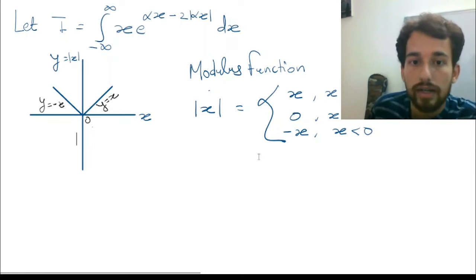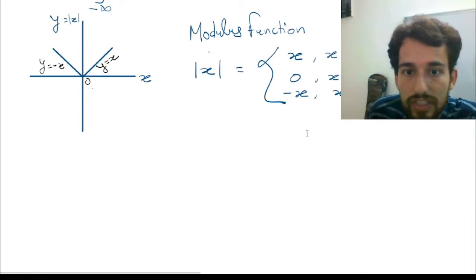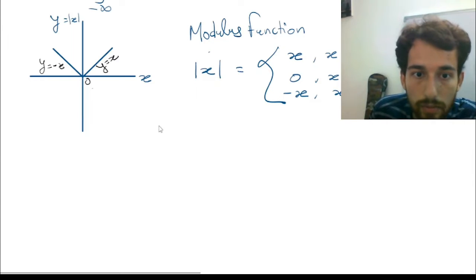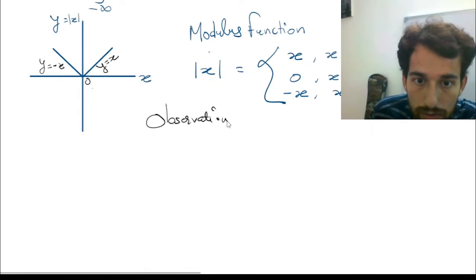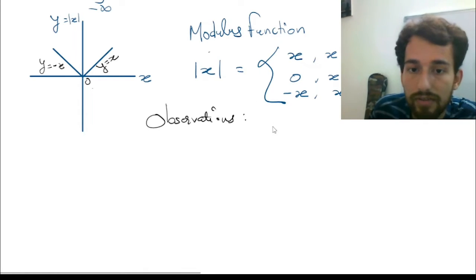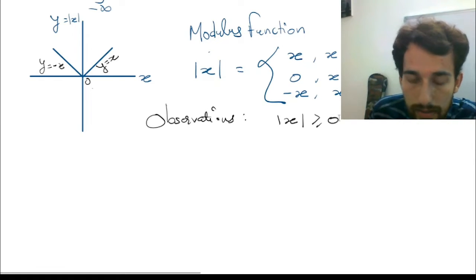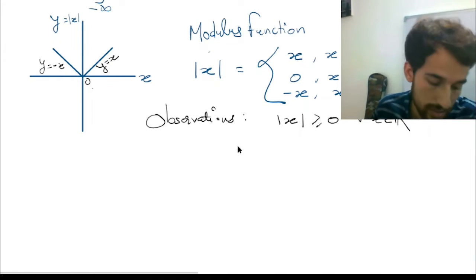So there are some observations which you can make from this modulus function. Two quick observations. You can easily answer by looking at its graph that this modulus of x is always non-negative for every x coming from the set of real numbers. So this is the first observation.